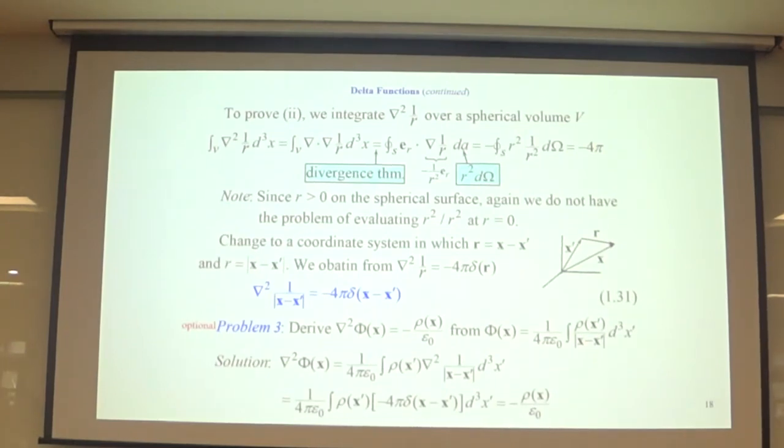Jackson always uses x minus x prime. Griffiths prefers this notation. Personally, I don't like this notation because it is difficult to type. It's easy to write, but difficult to type. You need to find some special character for it.